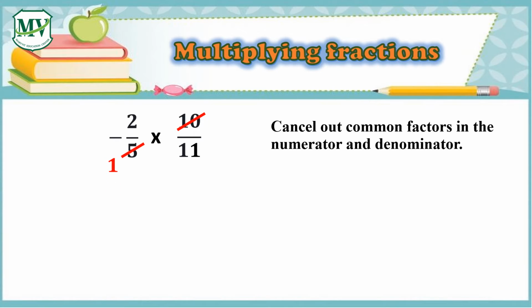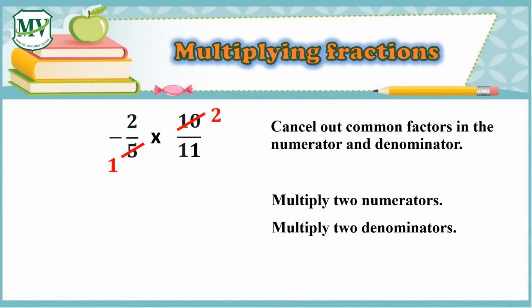And 10 divided by 5 is equal to 2. Our next step is to multiply the 2 numerators and multiply the 2 denominators. Always remember, negative times positive is equal to negative.